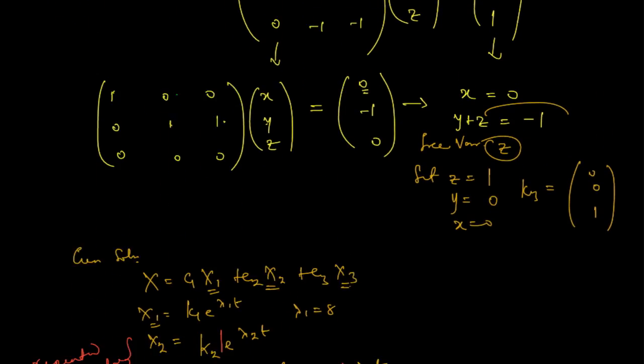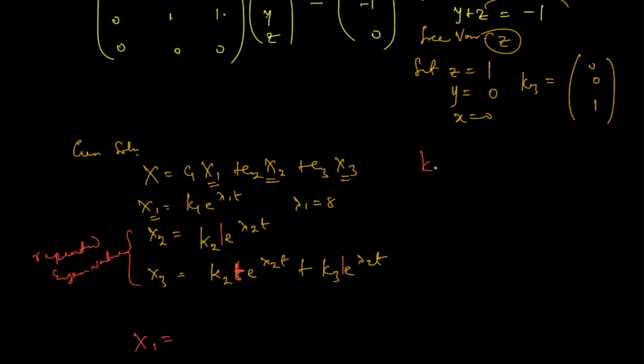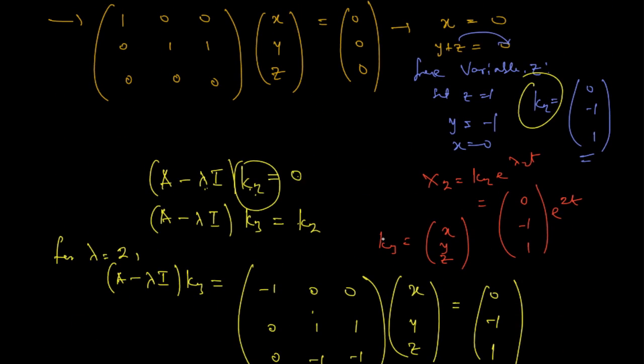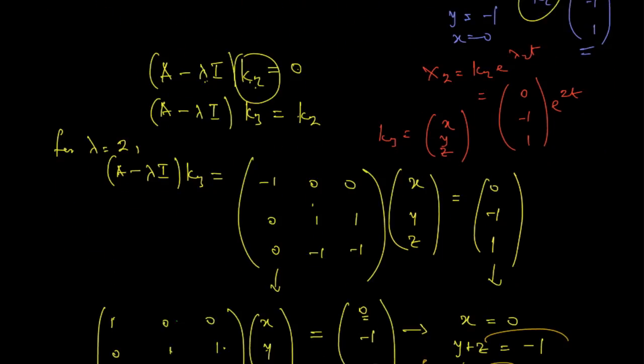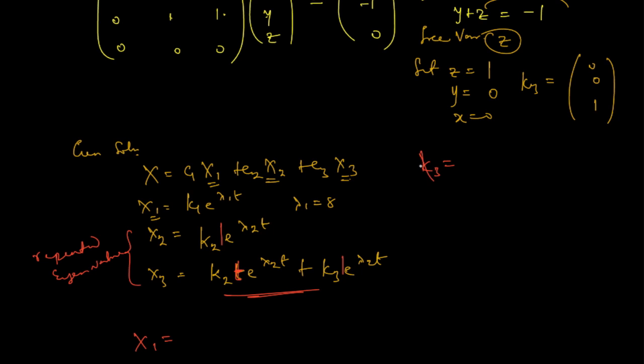And then to find x3, this is the formula here, which is k2t e to the power lambda 2t plus k3 e to the power lambda 2t. I'm just writing this whole thing back again to register this into your memory.